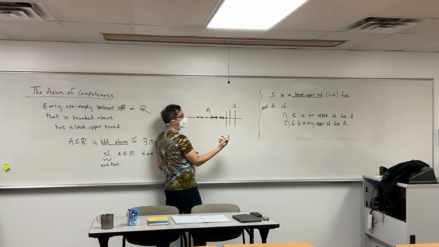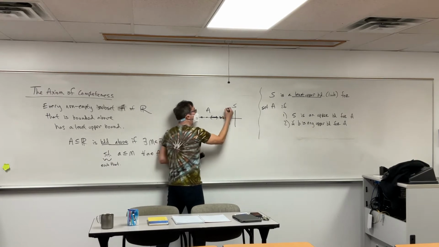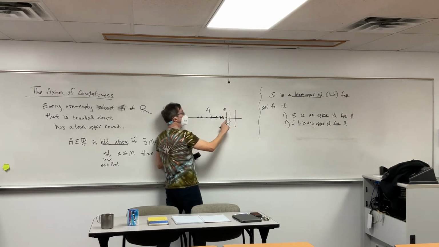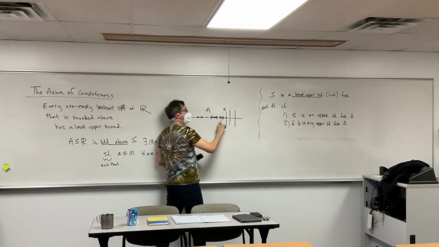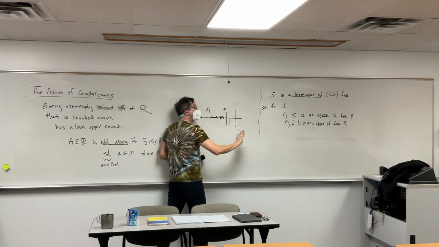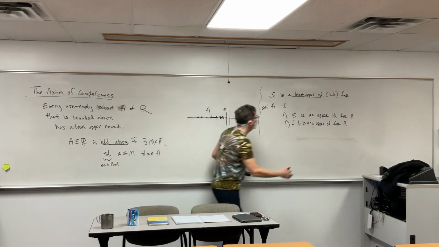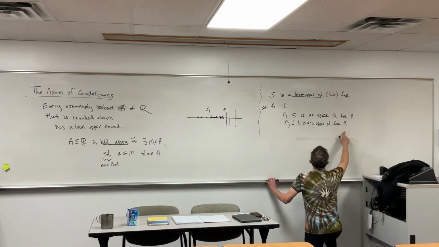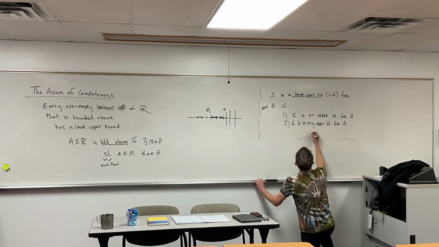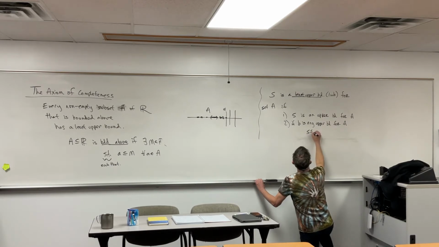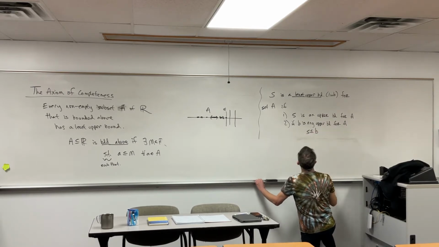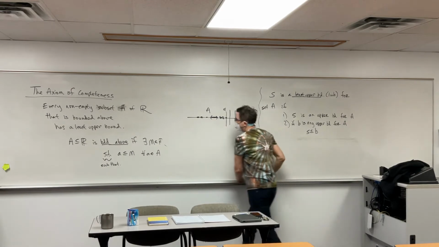And so what Noah was expressing is that the least upper bound is the one that is less than or equal to any other upper bound. It is the least of all the upper bounds. So if B is any upper bound for A, then S must be less than or equal to that B. Beautiful.